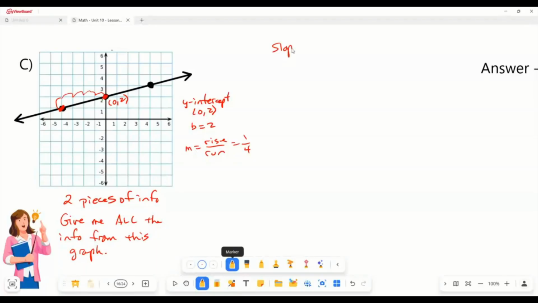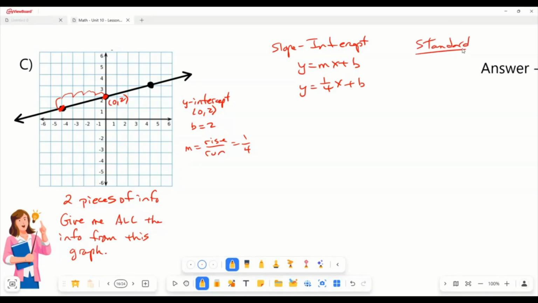That means we can take slope-intercept form and plug in m for m, b for b. You tell me what is standard form.